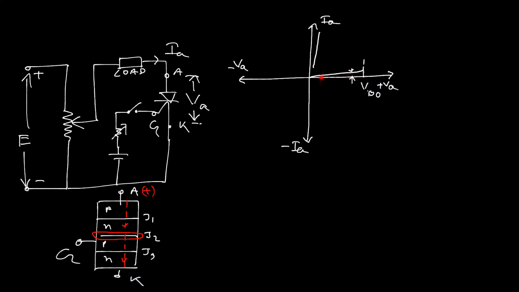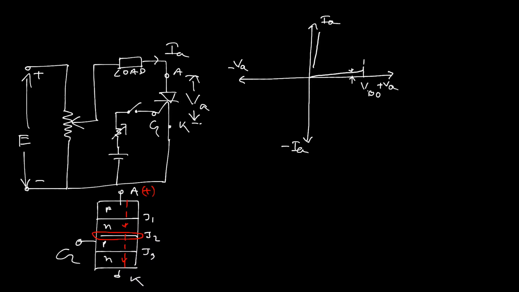After a certain time, when we increase the anode voltage to a particular level and cross the value VBO, the critical amount of voltage, the device can be turned on, as the reverse biased junction J2 can be vanished by avalanche breakdown.